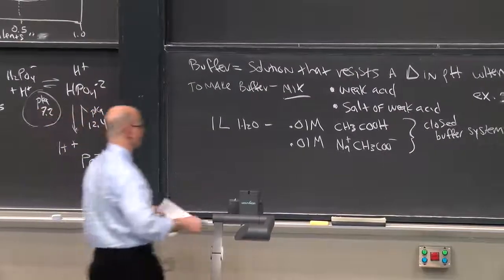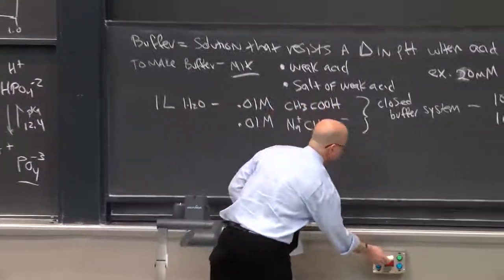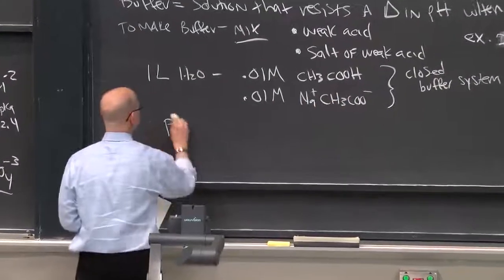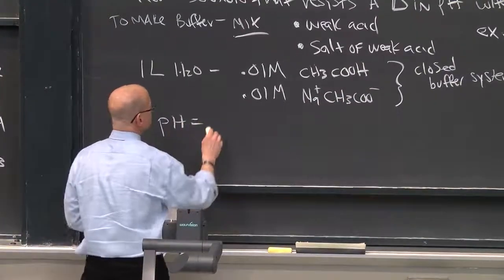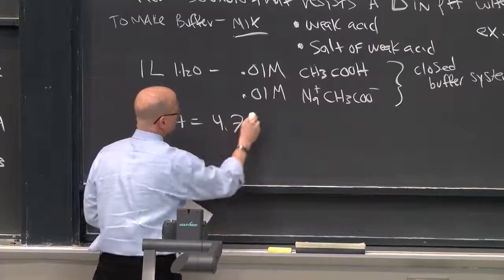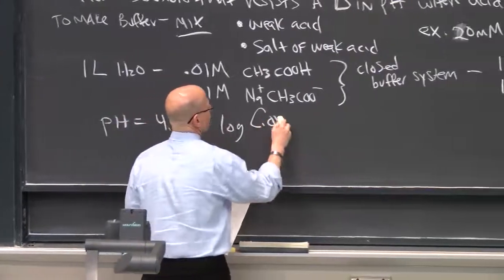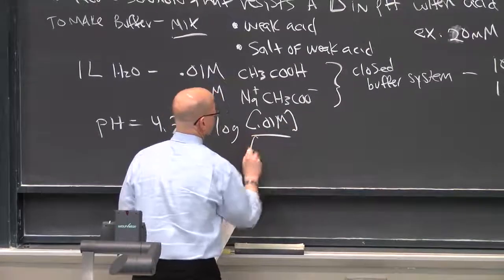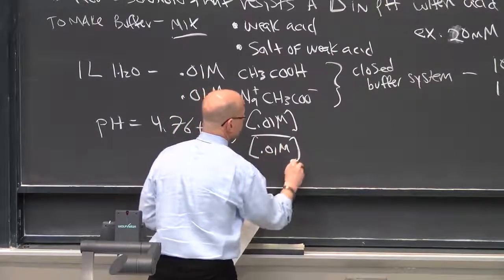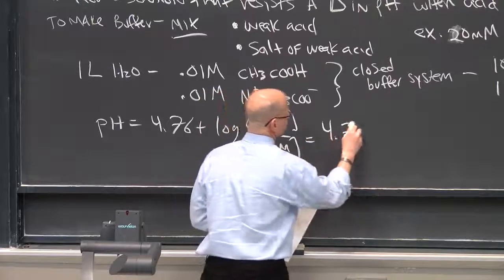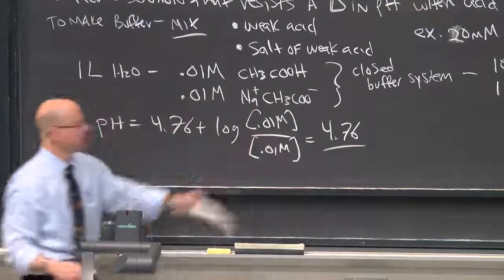And you know what the pH is, right? The pH for this solution that we just made up is equal to the pKa 4.76 plus the logarithm of the two concentrations, 0.01 molar divided by 0.01 molar, and that's 4.76, right? Because this log is 0.